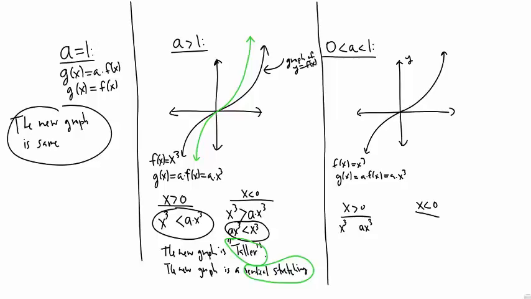And since a is less than 1, we see that the second output will be smaller. The second output is smaller than the first output. Now, when x is less than 0, when it's negative, the two outputs are negative as well. And since a is between 0 and 1, the second output will be less negative than the first.